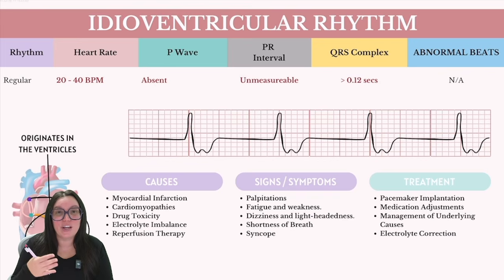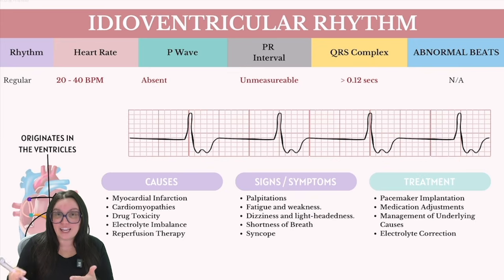So lastly, let's talk about our treatment options. So when we're talking about treatment, we're solely focusing on addressing those underlying causes and supporting an adequate heart rate and rhythm. So you are always going to see, unless you have a patient that is in palliative care, a pacemaker that's going to be implanted. It is necessary because it's going to ensure that a stable heart rate is going to be achieved, and it's going to prevent the symptoms associated with those bradycardias.